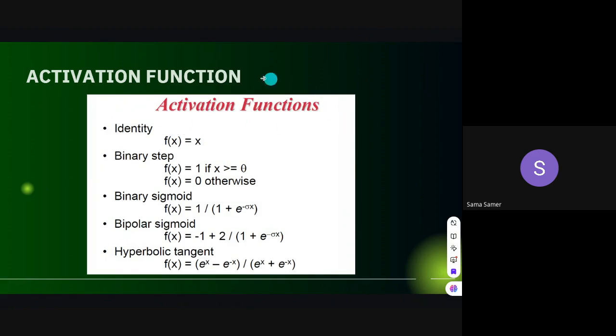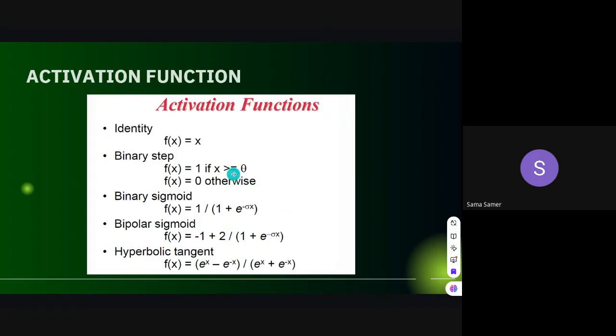We have many activation functions that determine if the output will come out or not. We have something called the identity. After finding the summation, the identity says that if it's x, go out. If it's 0, go out, if it's x, go out, if it's 1, go out, and this is the identity. We have the binary step. The binary step here has a threshold.